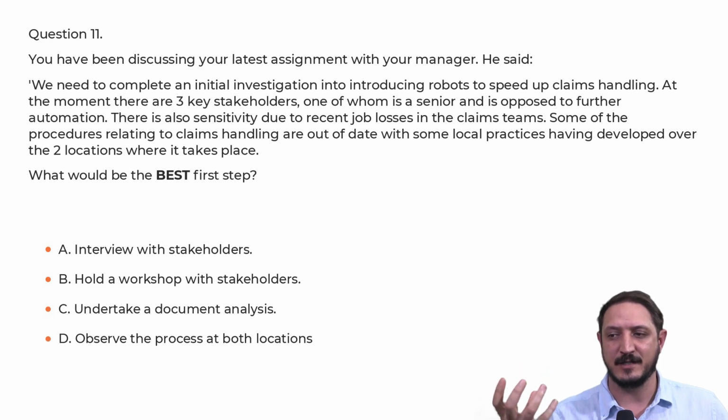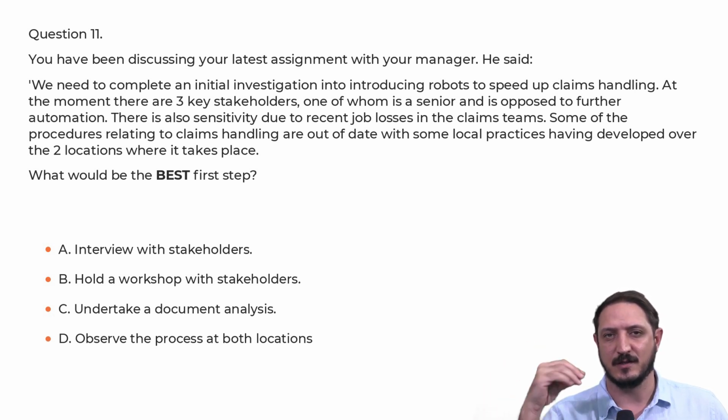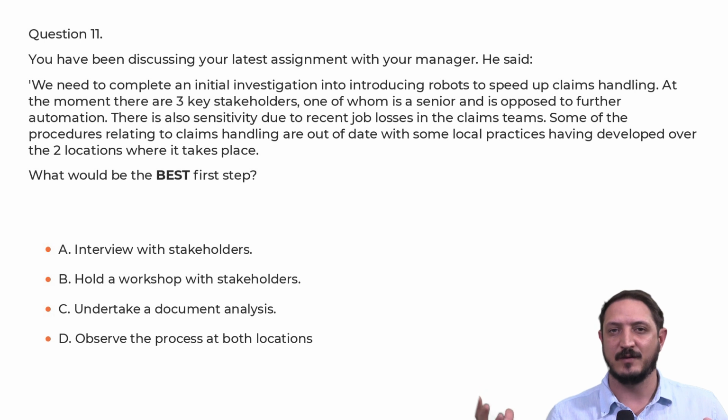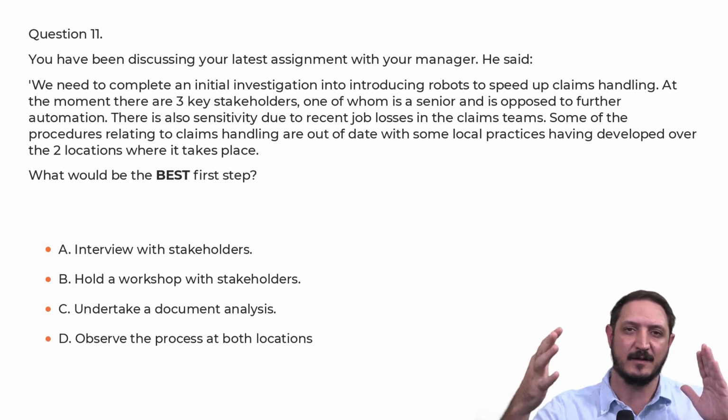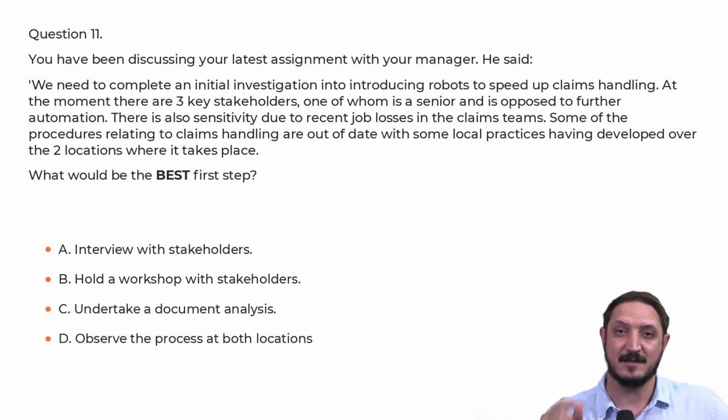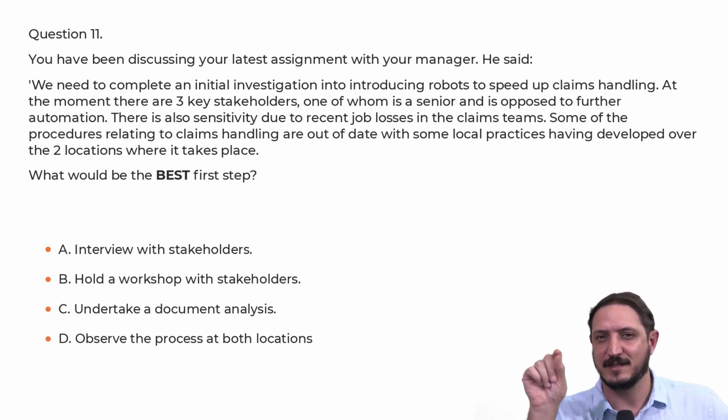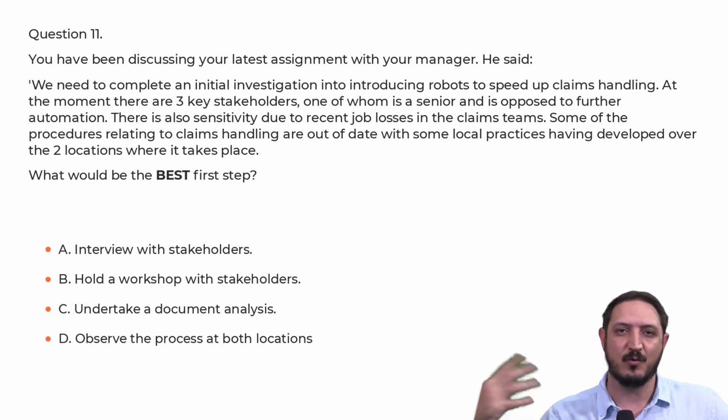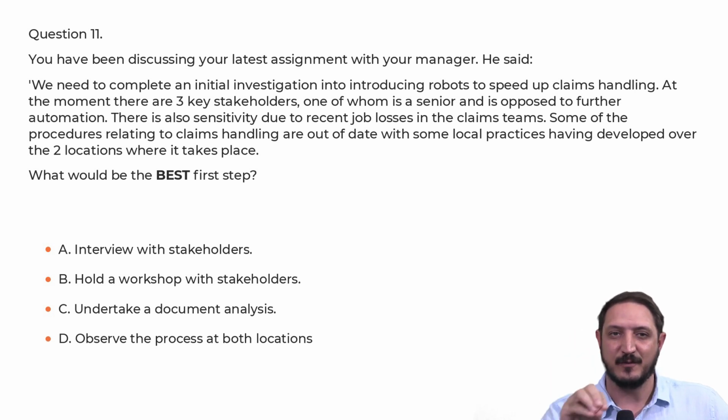Whatever his particular issue is with this improvement of the organization, once that's resolved, then maybe a formal observation might take place at a later stage, where we can identify which specific steps in this process of automating this process using robots, we can then gather information for those particular steps and identify where we can make improvements on the people that are actually doing the job. But for this context, an observation is not going to help us. Neither is document analysis. Neither is a workshop.